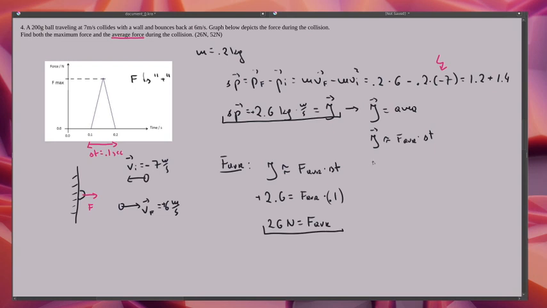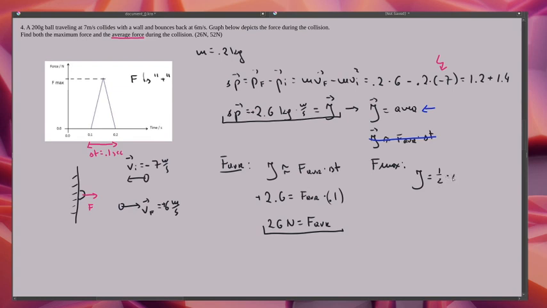Now for the maximum, so F max, solve for F max here. I have already used this one, right? Already used this option, so I can't reuse it. I'm going to go after this. I'm going to write here J is the area. J equals area, but it's the area of the triangle, so half times the base.